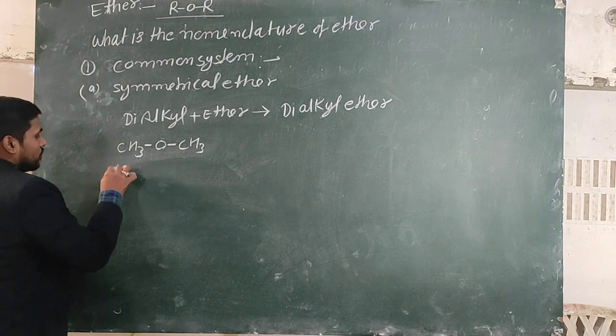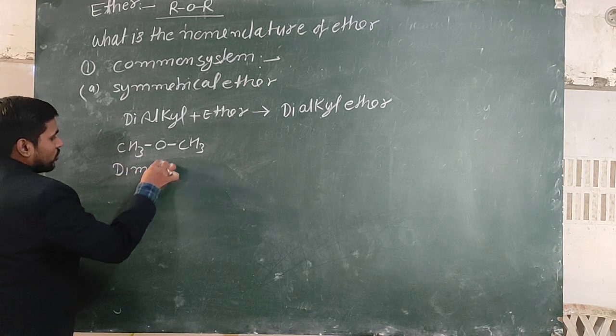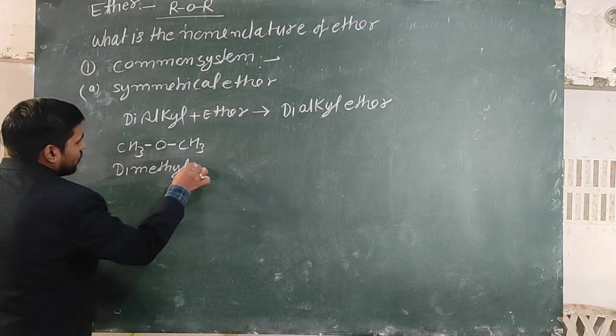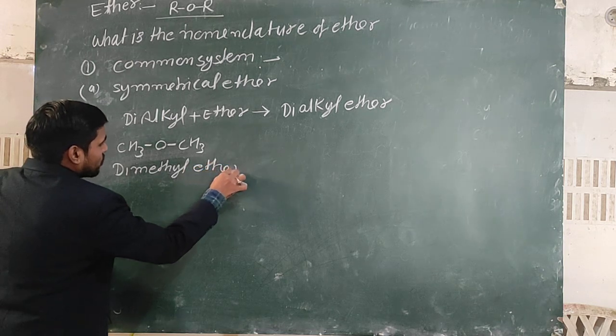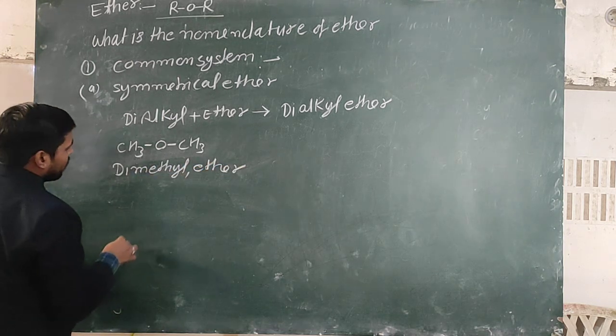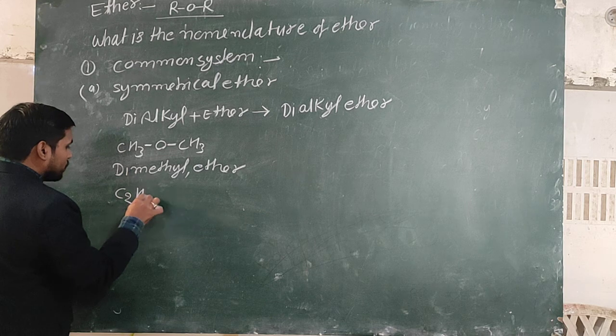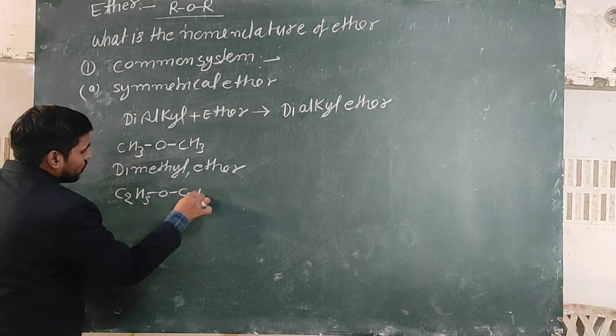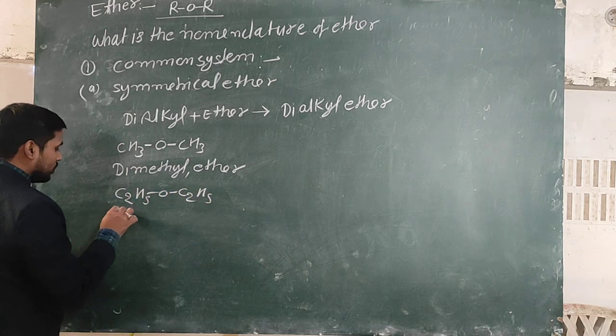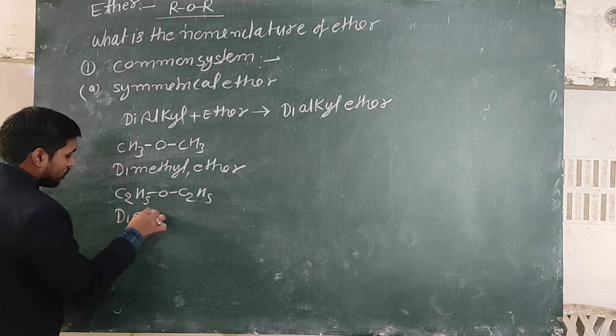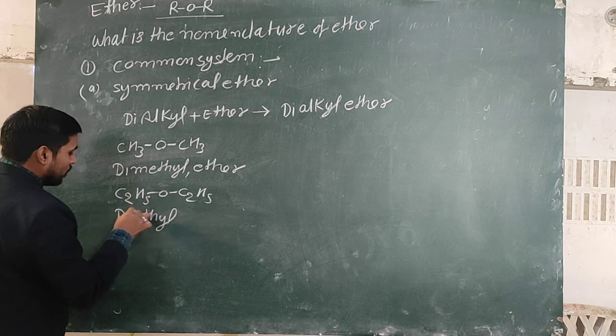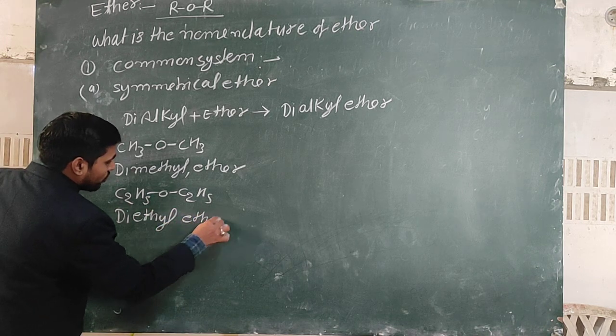Its name is dimethyl ether. Okay, dimethyl ether. C2H5OC2H5, then its name is diethyl ether.